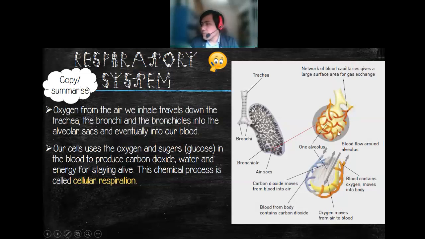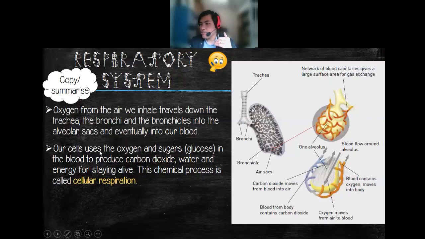At the alveoli, you can see here that it's covered in blood vessels. If you guys remember, these blood vessels are the capillaries, very thin blood vessels that allow the oxygen to go from the lungs into the blood, as well as the carbon dioxide to go from the blood into the lungs.